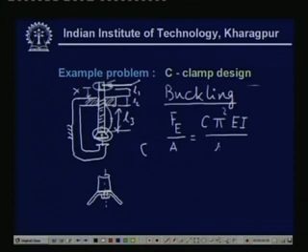This is the critical load for Euler's equation.